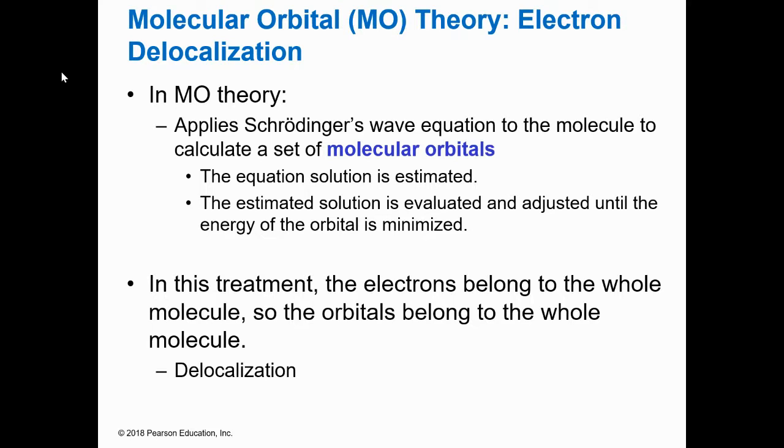So, Schrodinger's wave equation and molecular orbitals. You've heard of Schrodinger's cat, right? Anybody not know what Schrodinger's cat is? The cat is either dead or alive until you open the box. People are making jokes about Schrodinger's COVID: you either have it or do not have it until you get tested.